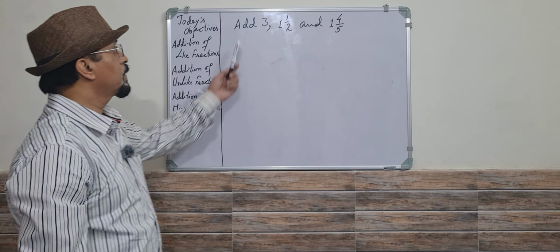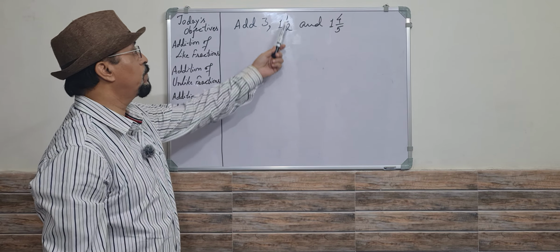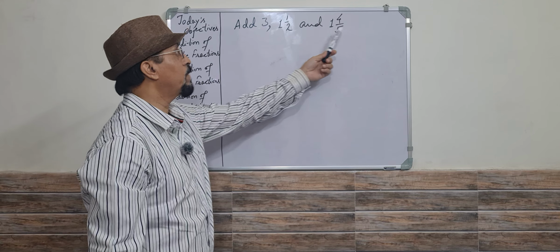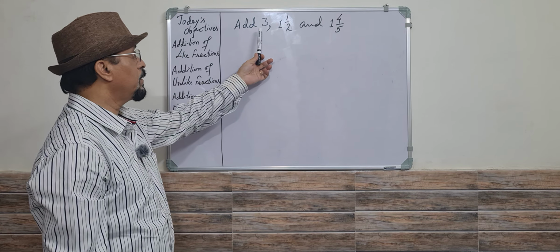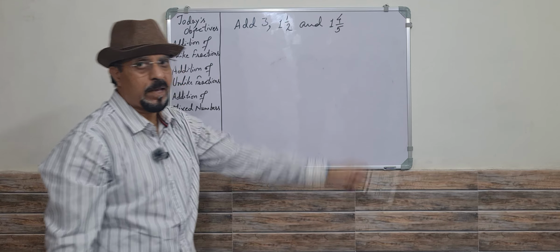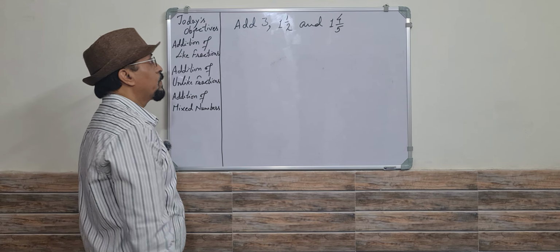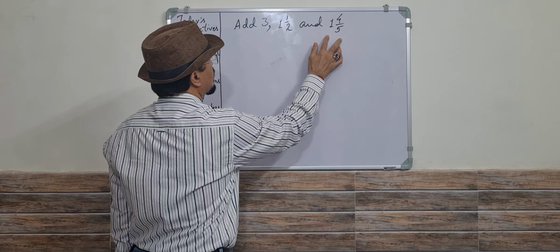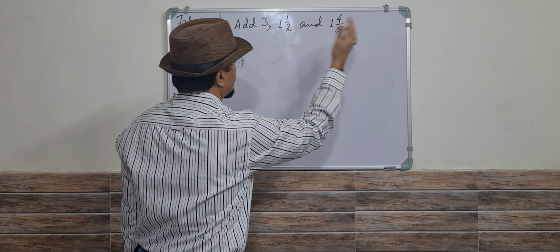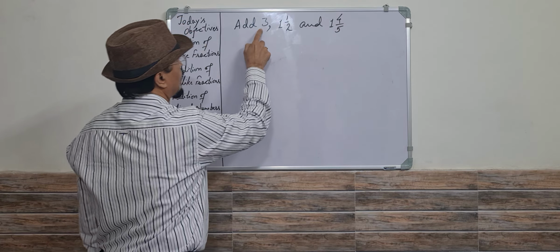Another example is 3. We have to add 3, 1 whole number 1 by 2 and 1 whole number 4 by 5. So this is a whole number. This is 1 whole number 1 by 2 and this is 1 whole number 4 by 5. So how will we be adding? These two are the fractions, we'll add them the same way, and then we'll consider this whole number.